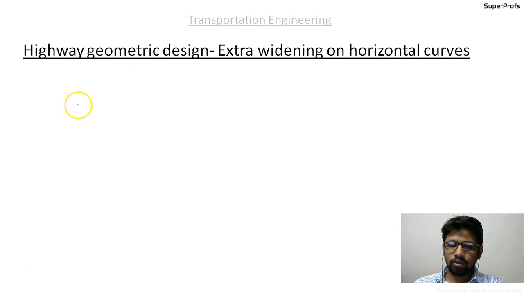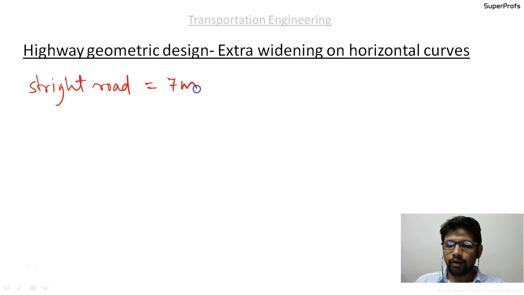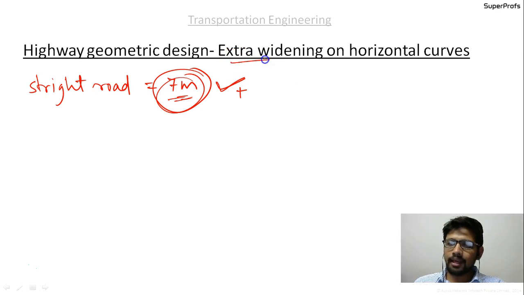If there is a straight road, and for a straight two lane road the width provided is, say, 7 meters, the same road, when it encounters a horizontal curve, has some additional width provided in addition to the 7 meters. This extra width is known as the extra widening on horizontal curves.